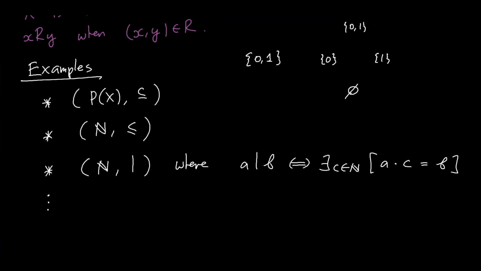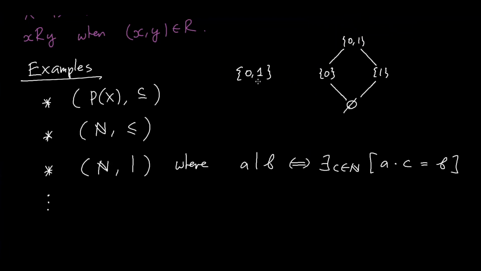Where I'm going to draw lines to indicate that one element is less than the other. Okay? But I'm not going to draw all the lines. I'm only going to draw the ones that are necessary to then reach every two related pair by a chain of lines. Like, for example, here I didn't draw that vertical line because I could get that by combining this line with that line.